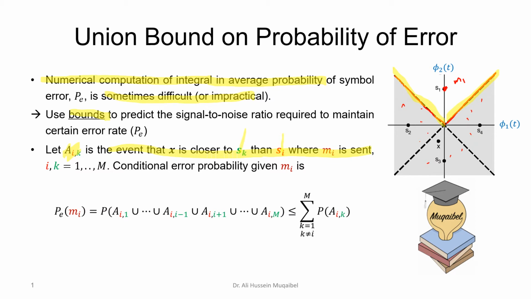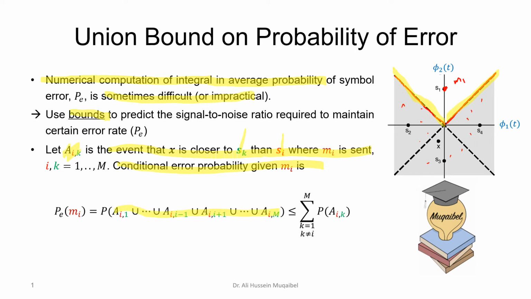So this is the probability of comparing just two symbols at a time. We can have A12, A13, and A14. All of these are conditioned on the fact that we have transmitted i, or 1 in this example. Now, if we consider all of them, I sent S1 and I get S4, I sent S1 and I get something closer to S3, or closer to S2, then we get the union.